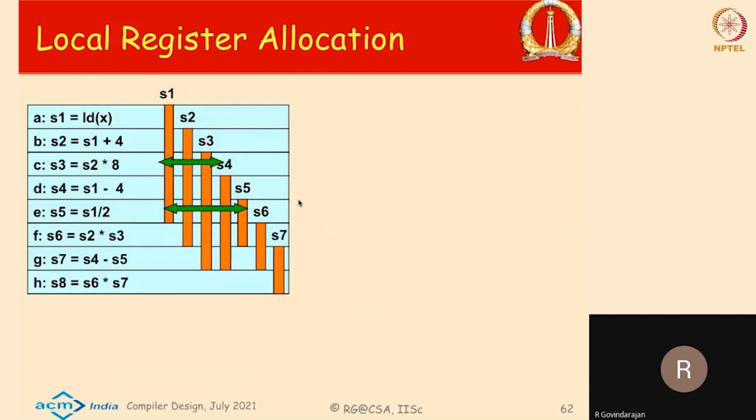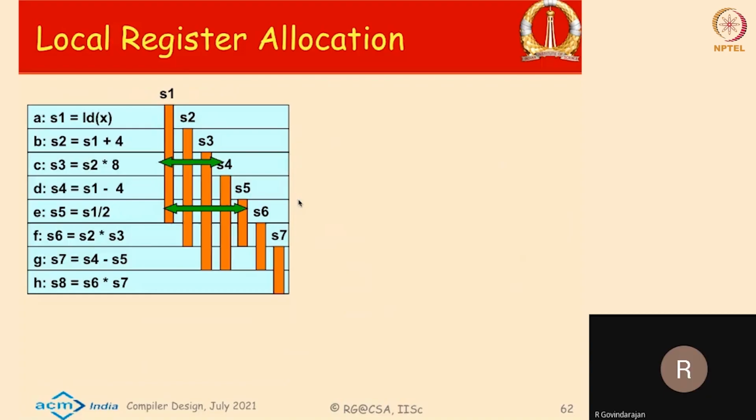And when you talk about register allocation within a basic block, these live ranges will not have holes, right? Because from the start to the last use, it will have usage, and there are no holes in the live range.